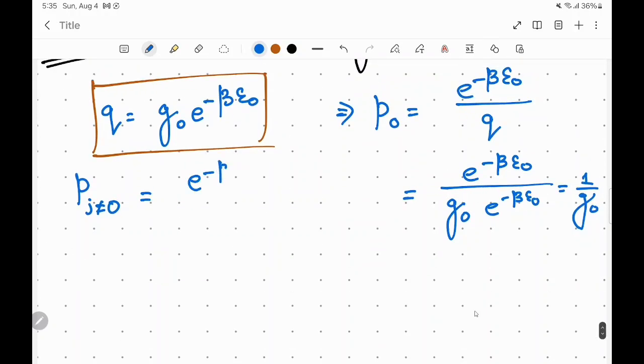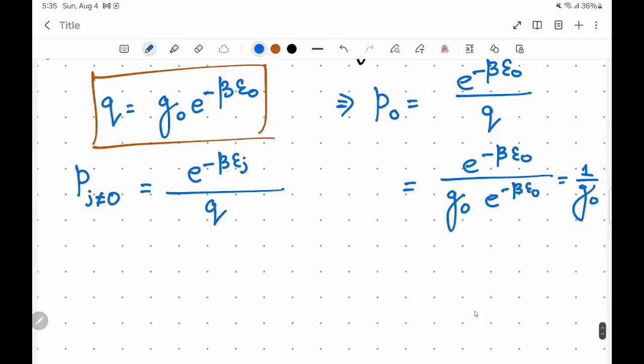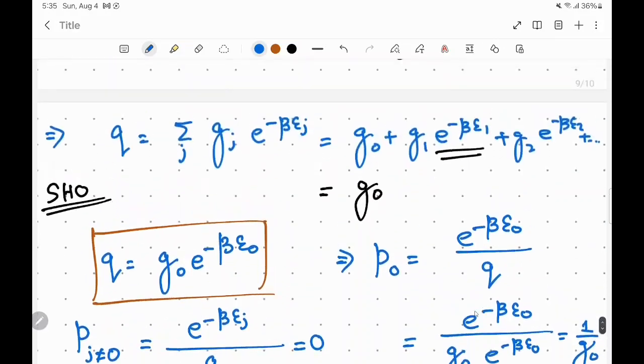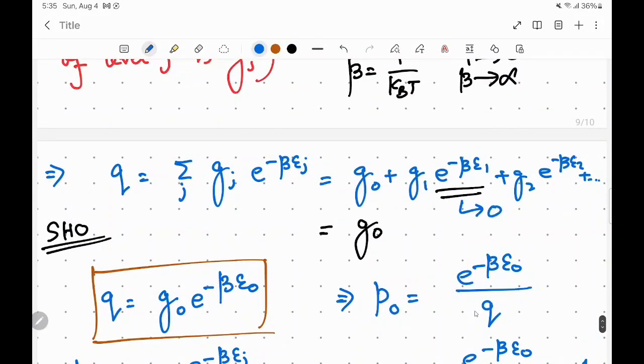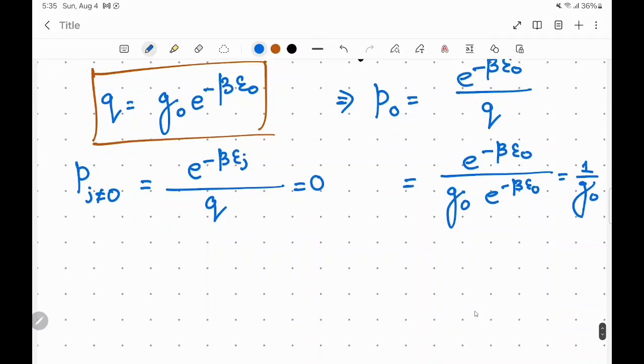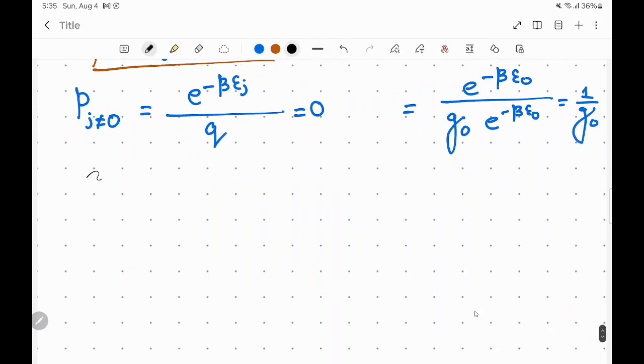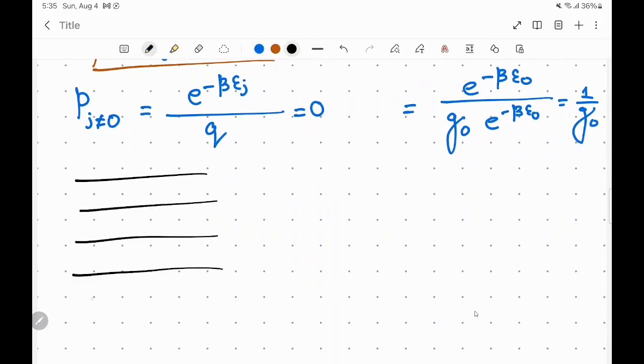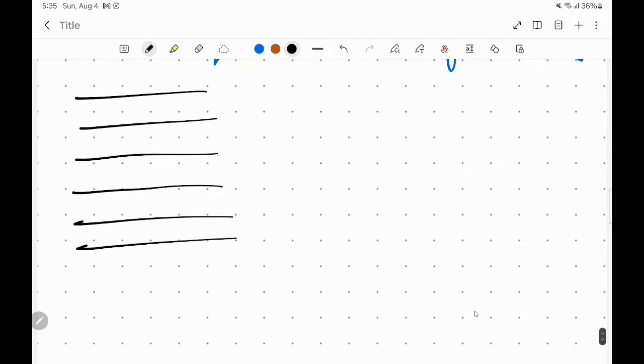Then it will be e to the minus beta epsilon j divided by Q. And you know that this term will be 0 for all cases. So it will be 0. It essentially means all energy levels are vacant, only the ground state is filled.